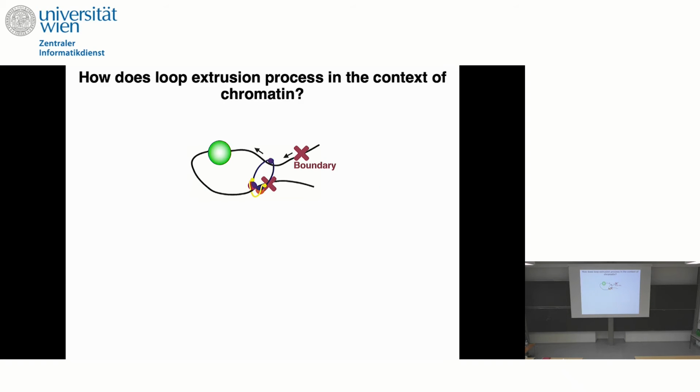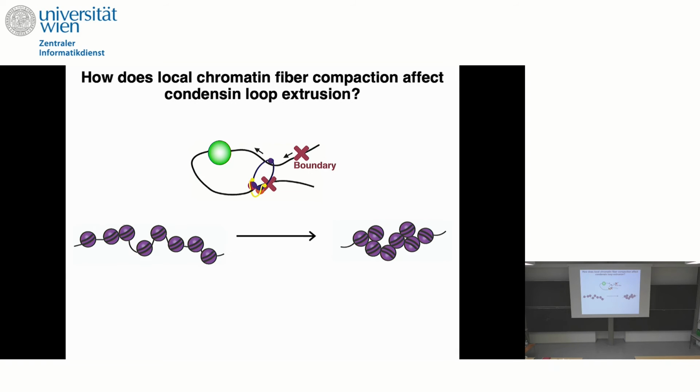As many people probably know, one of the big questions in the loop extrusion field is understanding how extruding factors are able to make these loops in the context of chromatin when there are all kinds of obstacles present on chromatin in the cell. So we thought this was a nice opportunity because we have a condition where an extruding factor is doing something important, and we also have this local change in chromatin structure that we can perturb by mutation.